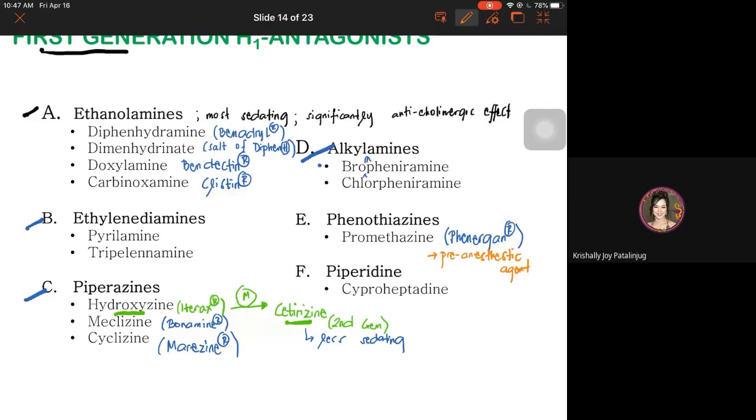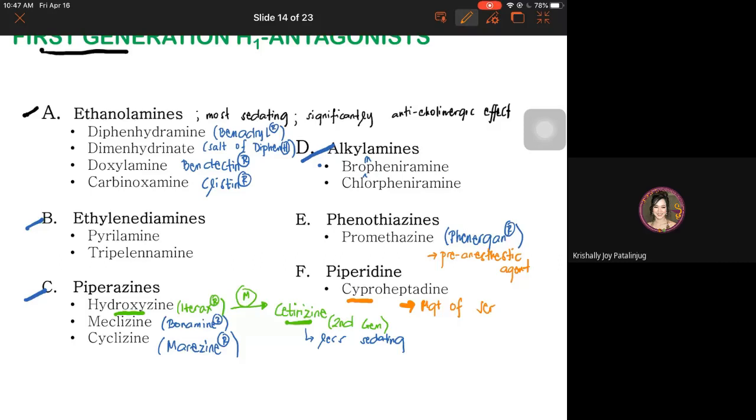Okay, specifically, we have cyproheptadine. Yung cyproheptadine, ginagamit siya naman for the management of serotonin syndrome. Okay, murag na siya somehow miscellaneous nga action or MOA.